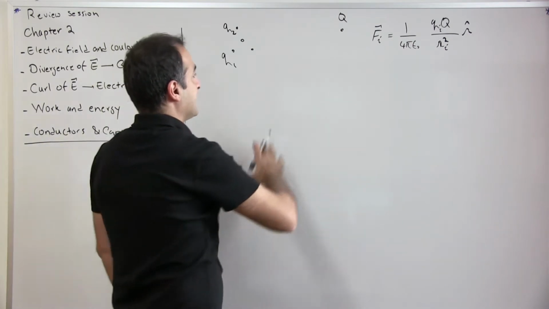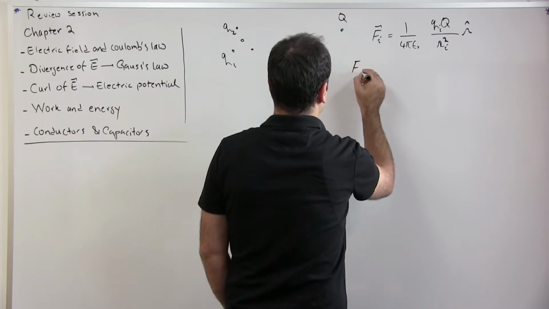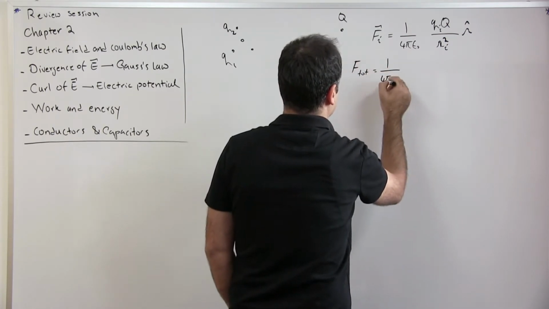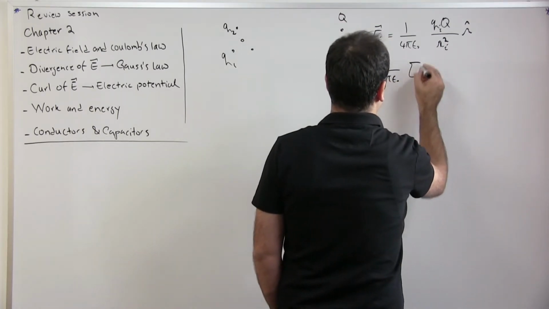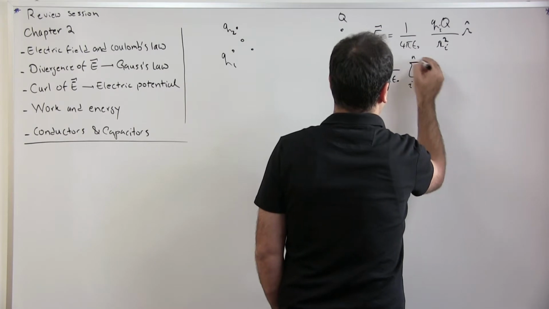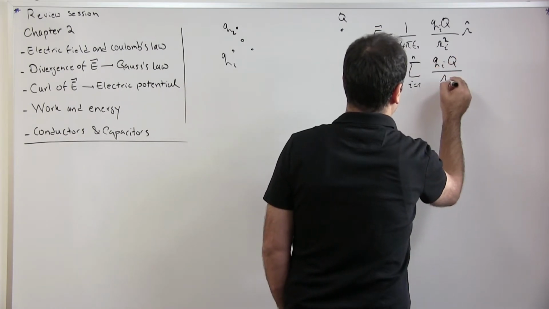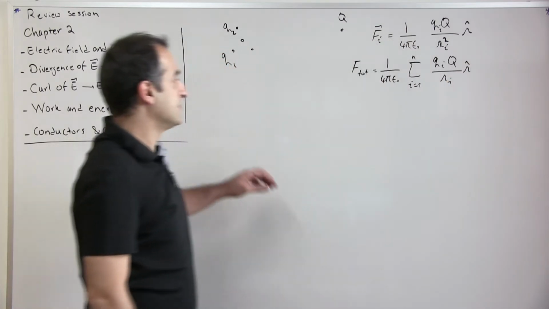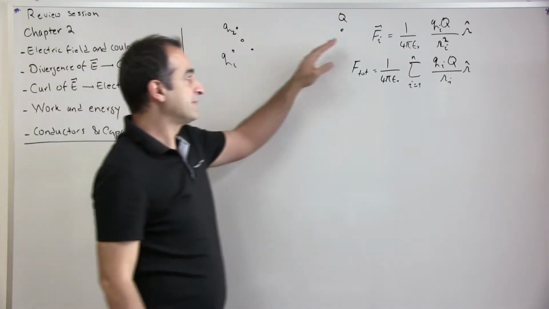Okay, and if we want to look at the total force on the charge Q, we can just add them up, okay? Like adding vectors, sigma i from 1 to n, qi Q over Ri squared, R hat, okay? So multiple charges, you just add the forces.